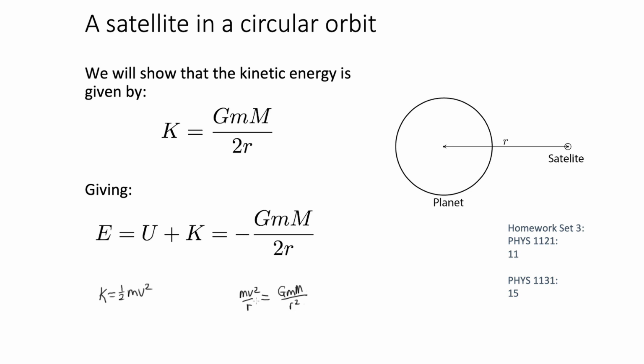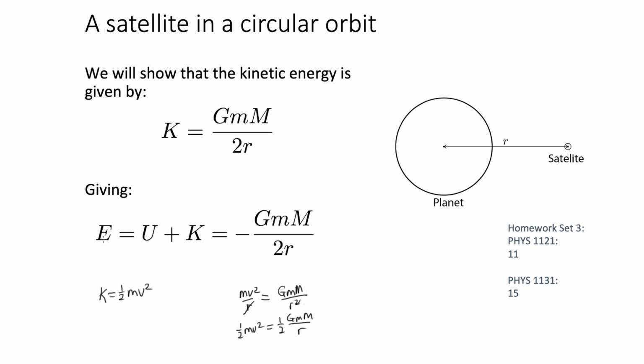So rearranging this, we can cancel out this r with one of these r's, and we can then multiply both sides by a half, and we get a half m v squared is equal to a half G M m on r. So this here is the kinetic energy. So we can see that the kinetic energy is given by G M m over 2r.